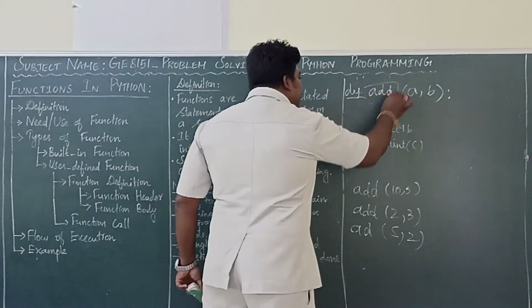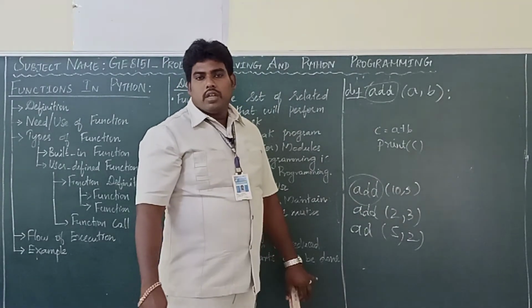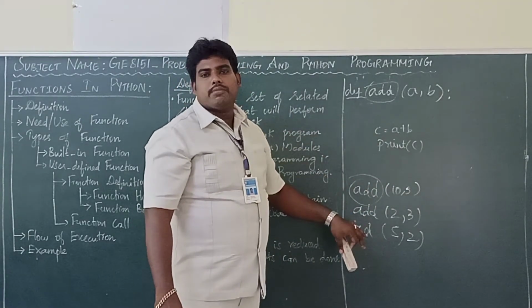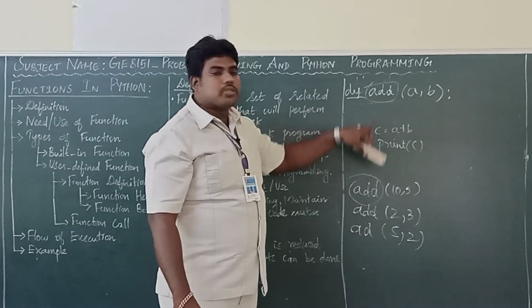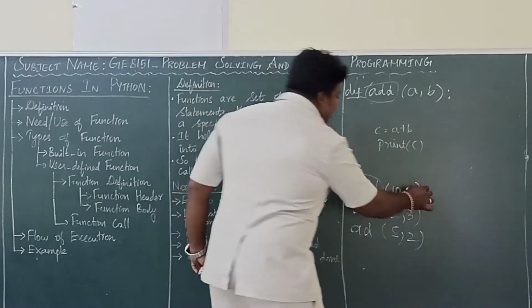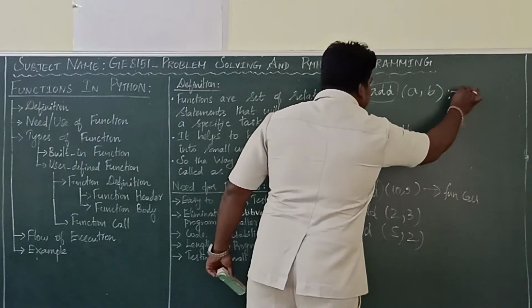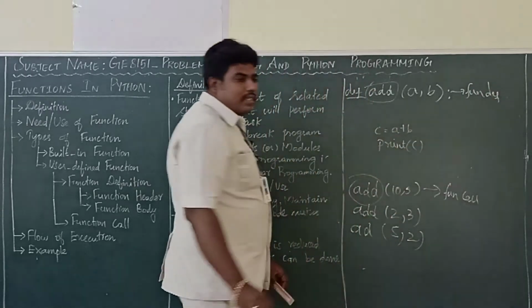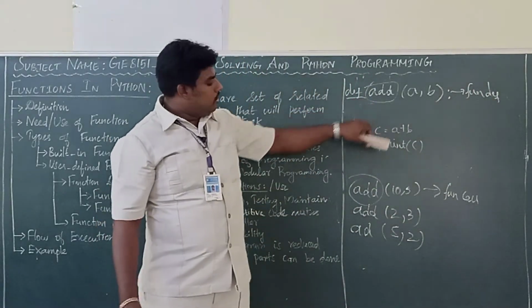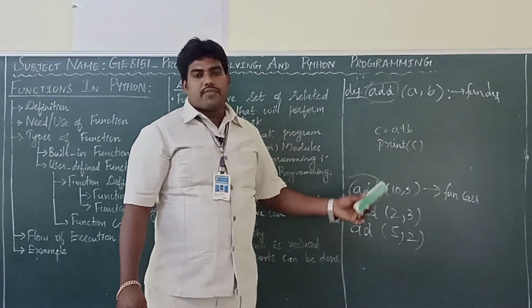The same function name is used. Instead of writing 100 times, I am using a single line to execute this code. This is called a function call. This is called the function definition. The same function name without def and without colon is a function call.